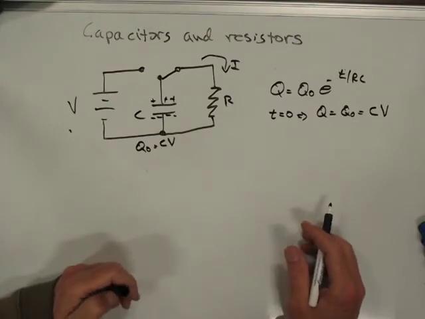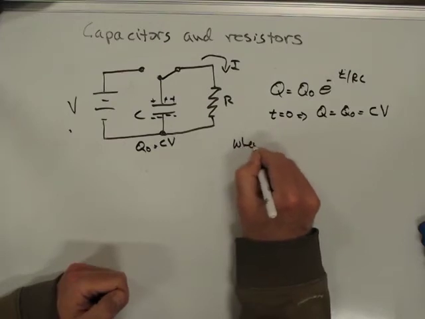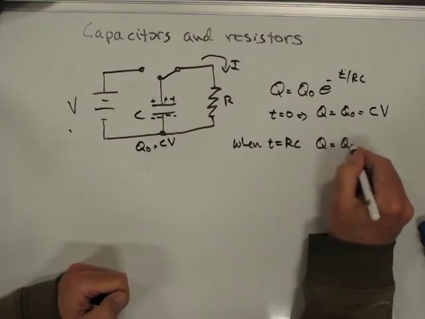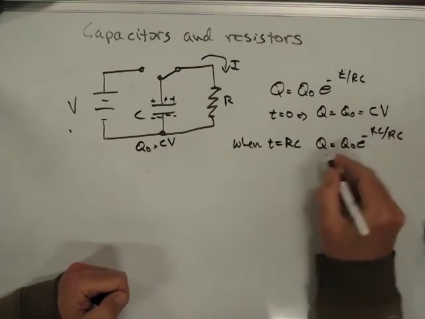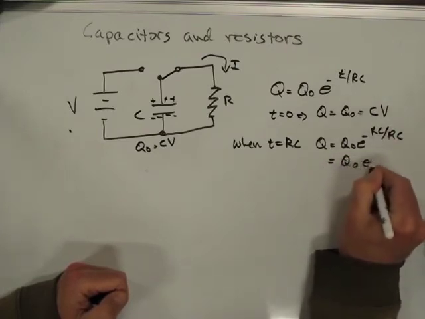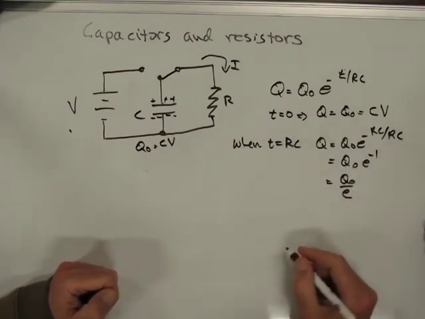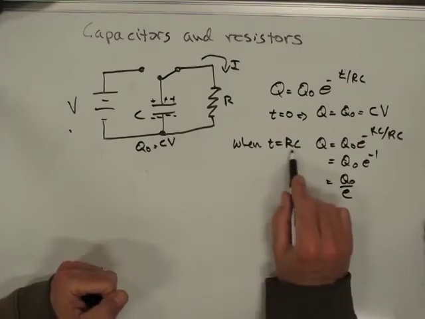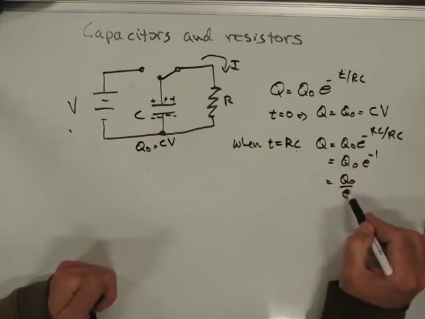We could also say, when t is equal to RC, whatever that value is, the product of the resistance and the capacitance, the charge on the capacitor has been reduced by a factor of e.